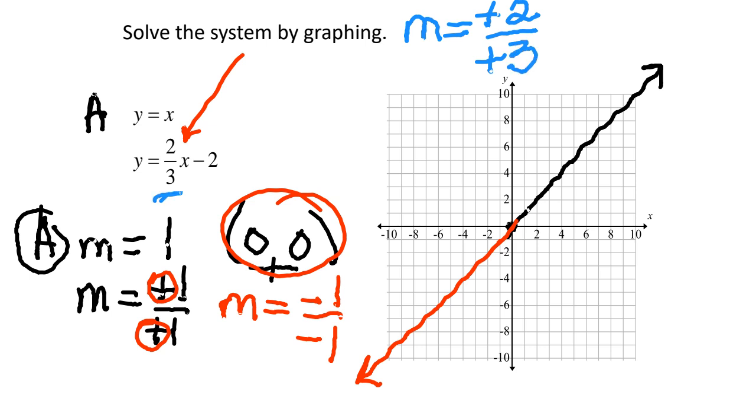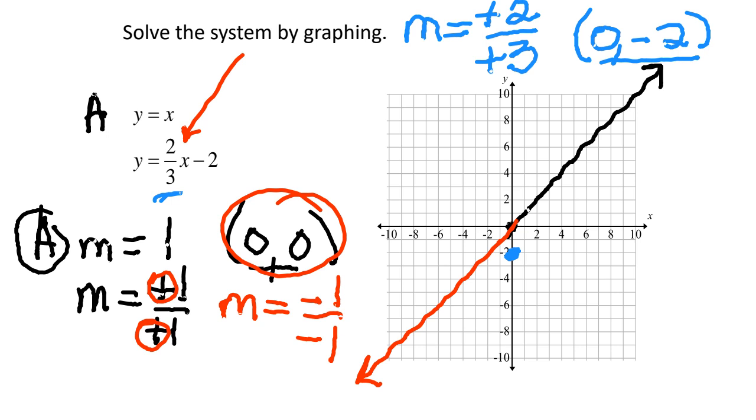My y-intercept is 0, negative 2, which means that my blue dot is right here. I'm graphing this point first. Now from that blue dot, I am going to go up 2, right 3.